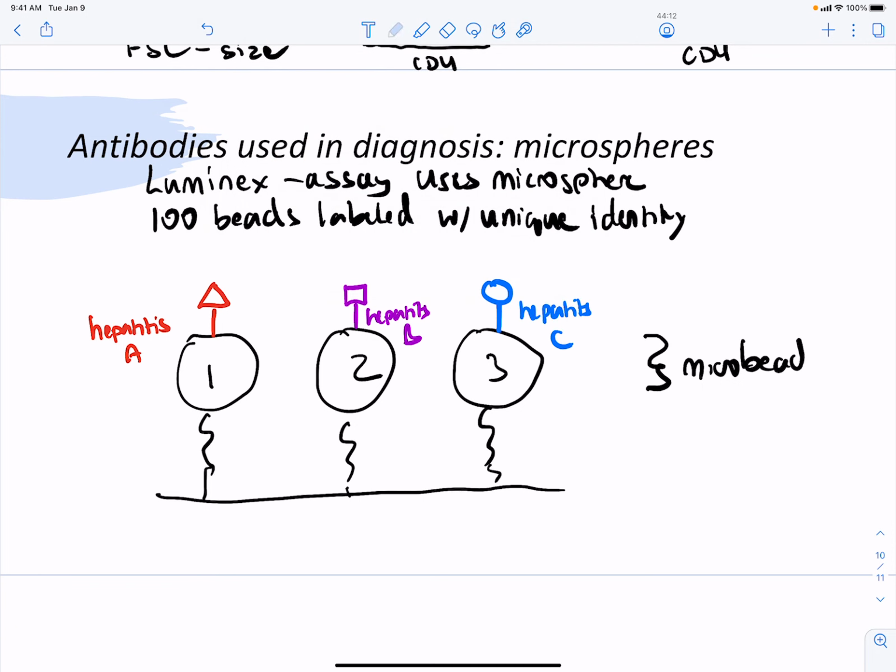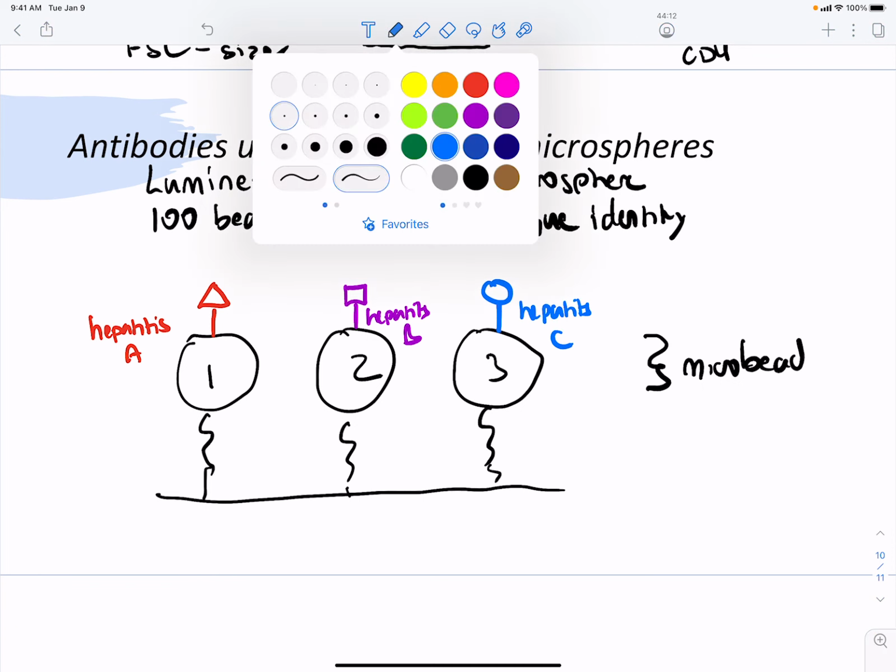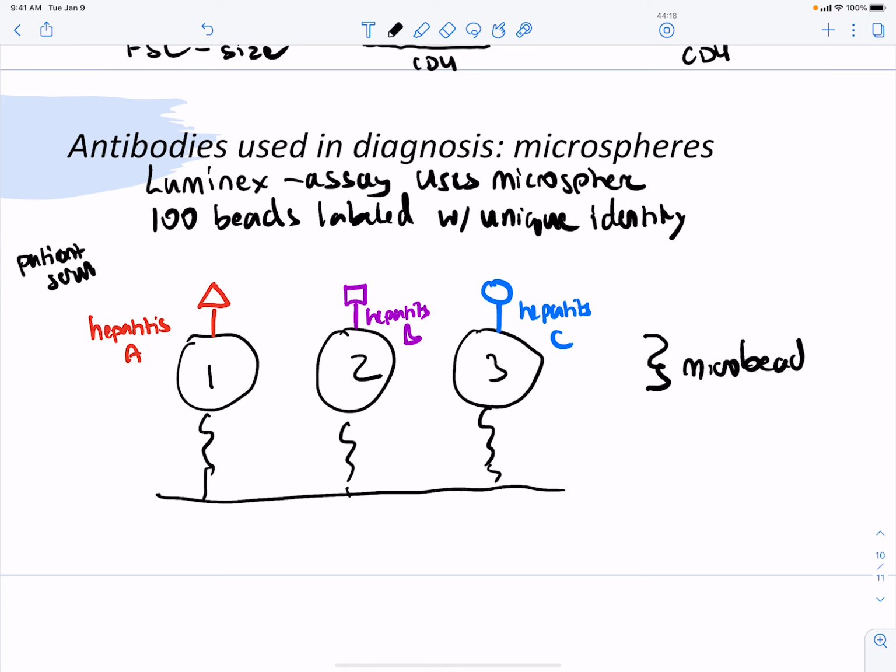And then again, you expose your patient's serum. And they might have purple antibodies, for example, that will bind to hepatitis B, but their purple antibodies will not bind to hepatitis C, and it will not bind to hepatitis A. But in one well, you can detect if this person has antibodies to hepatitis, HIV, tuberculosis, whatever you want to do.